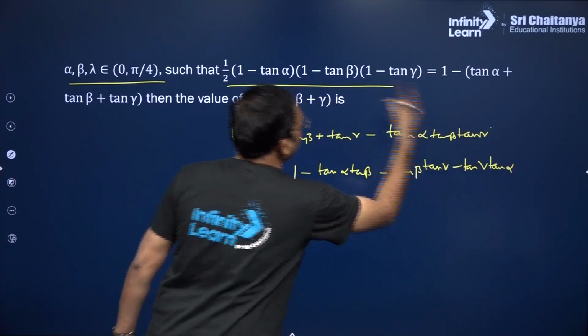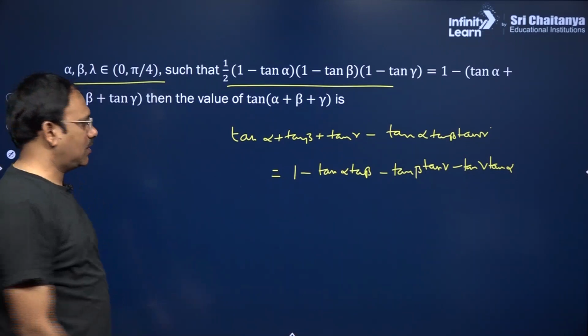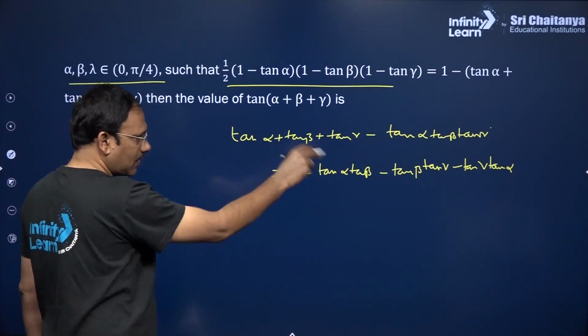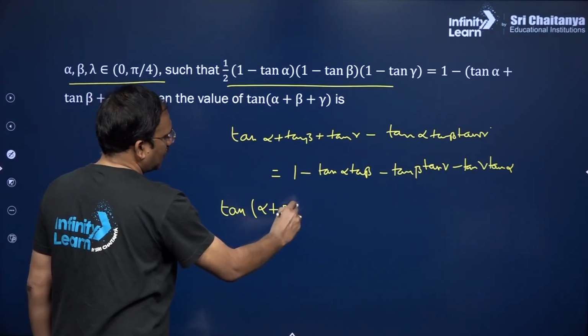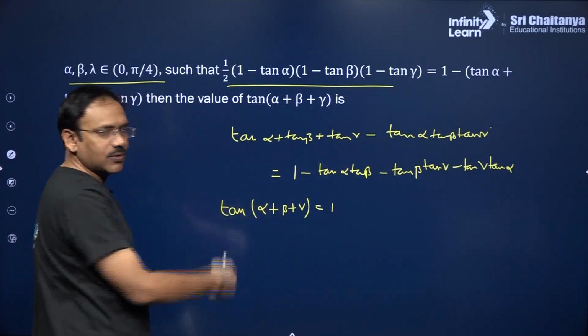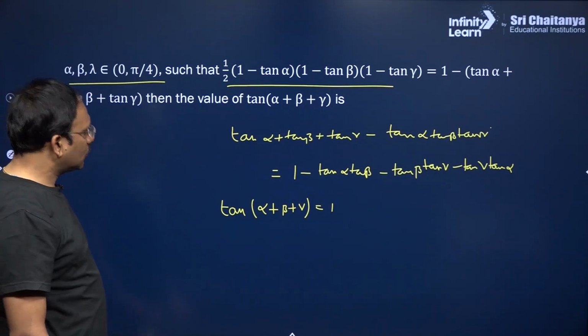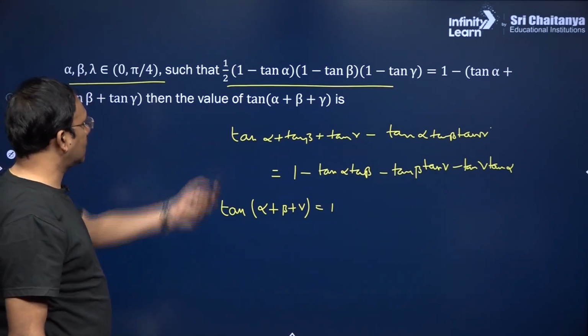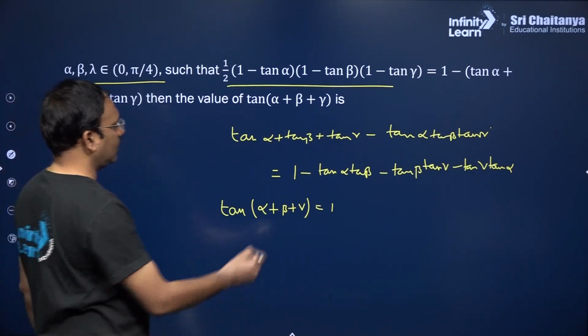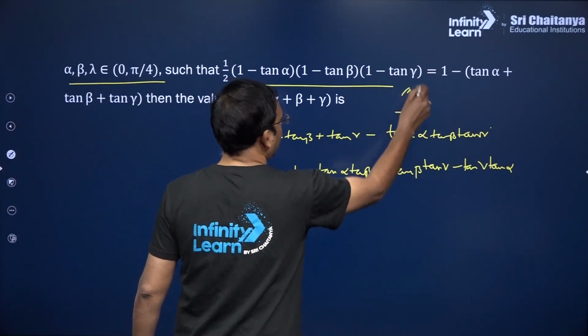If you simplify this condition, you are going to get this. So if you take this by this, it is just like tan of alpha plus beta plus gamma is equal to 1, if you bring in the denominator. He asked for tan of alpha plus beta plus gamma, and this is going to be 1, my dear friends.